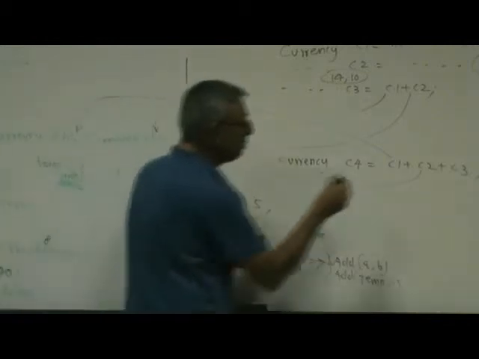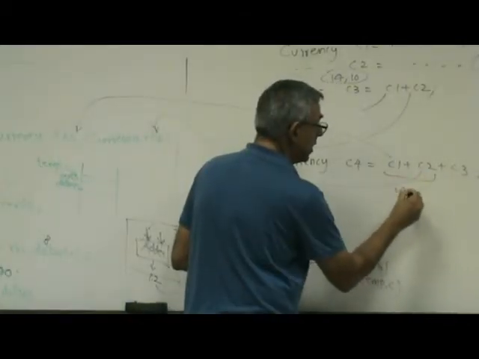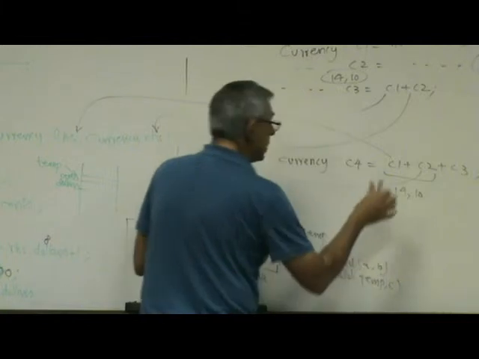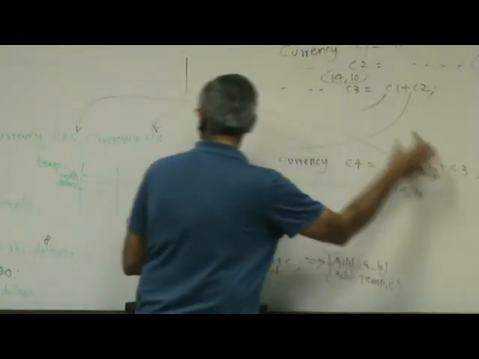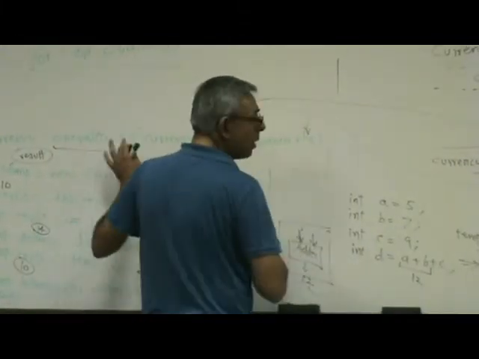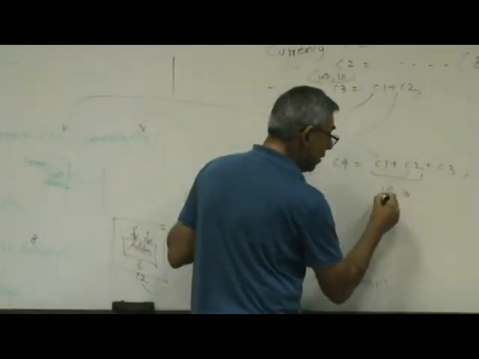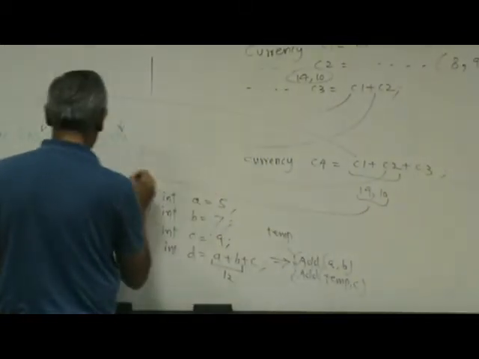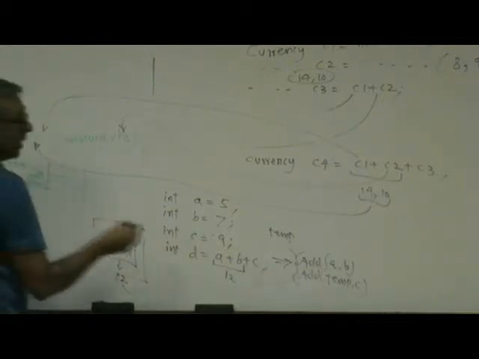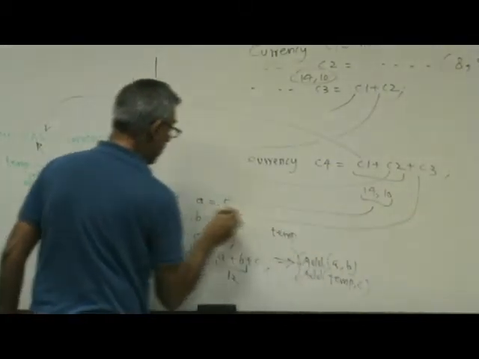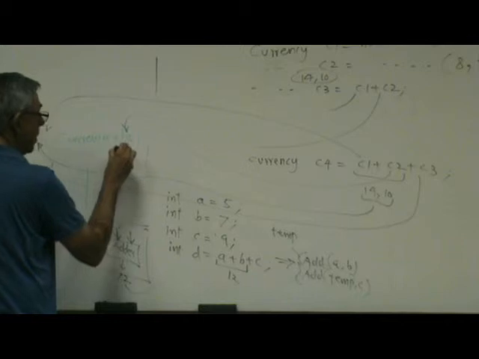Then the reply will come back, 1410, and then the compiler will translate it to one more call to the same operator plus function. So then 1410 will become in the next call the left-hand side, and C3 will become the right-hand side. So there will be two calls made to the same function.